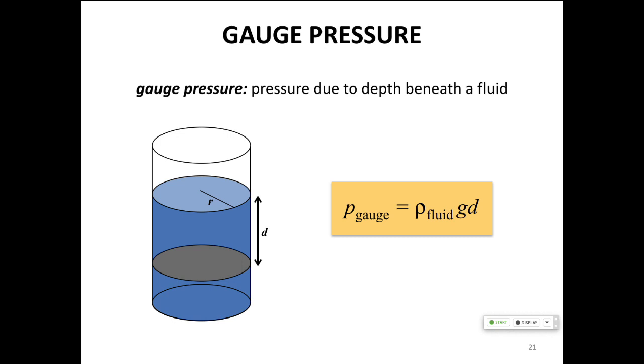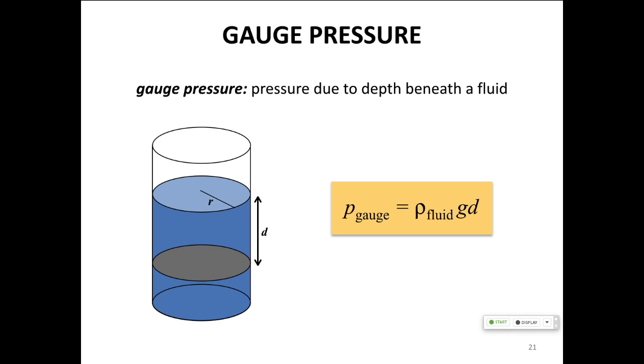This is the gauge pressure, and this is d. What is d? It's the depth. So that's the distance from the top of the fluid here to wherever you care about the pressure. Okay? So rho g d. That is your gauge pressure.